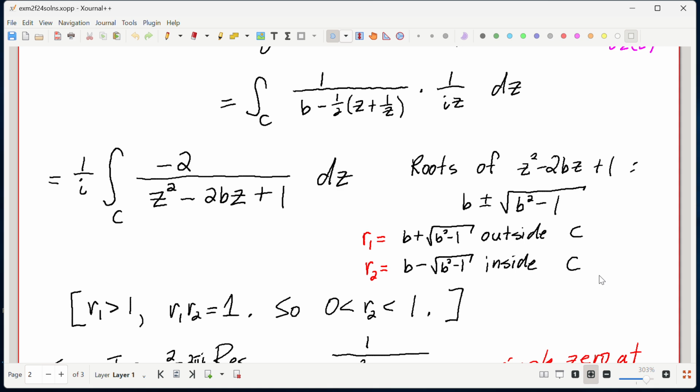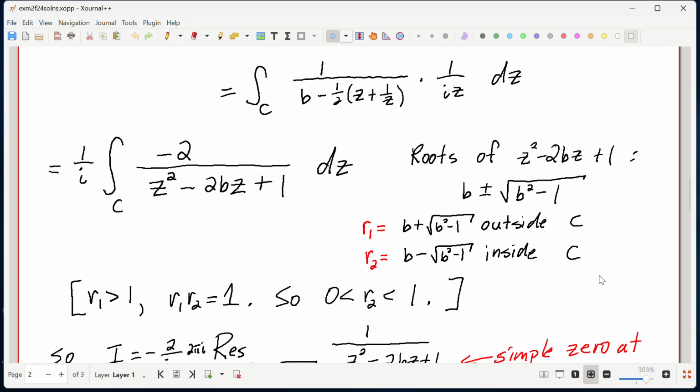Or you can use the fact that that quadratic is z minus root 1 times z minus root 2. So R1 times R2 is 1. And we know R1 is bigger than 1. So that shows you that R2 is between 0 and 1. If you had to write a proof in 2 seconds, that's how you would do it, or you'd use just basic inequalities.